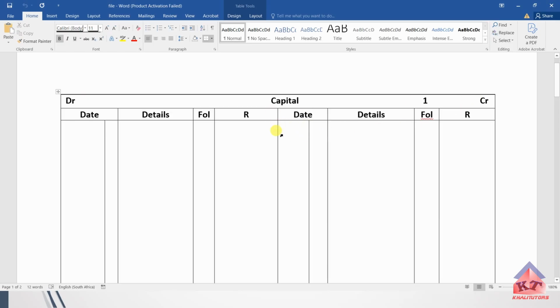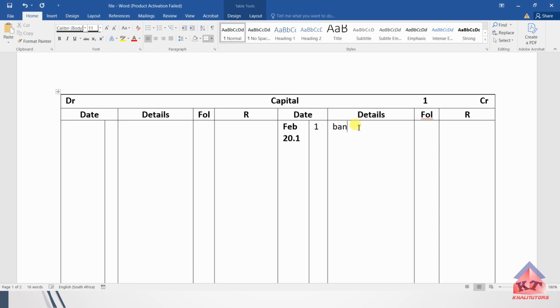You start with the date. This is Feb 20.1, and this was on the 1st. Here you tell us which account was debited on this transaction, because we know that the capital account was credited. We know that it's the bank.